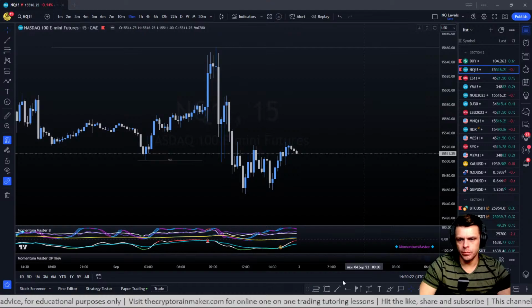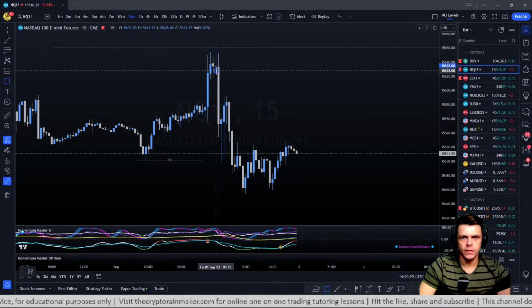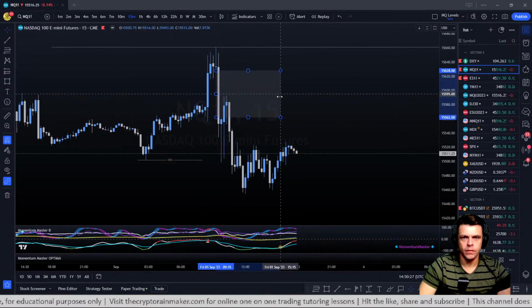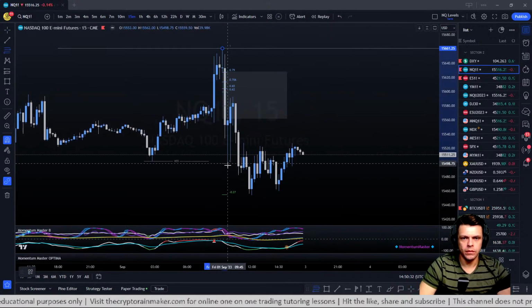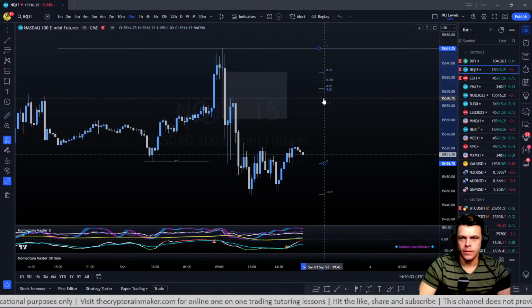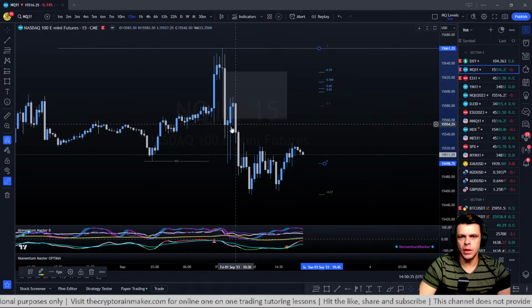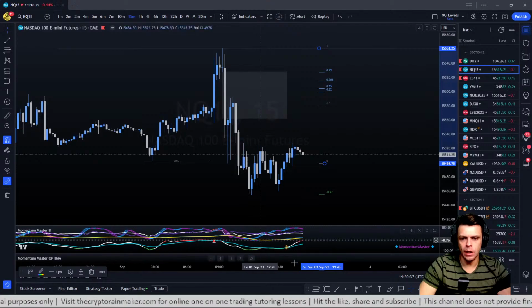Fair value gap, right there. Let's get a fib on that. Came right into the premium area. Started to dump to the downside.